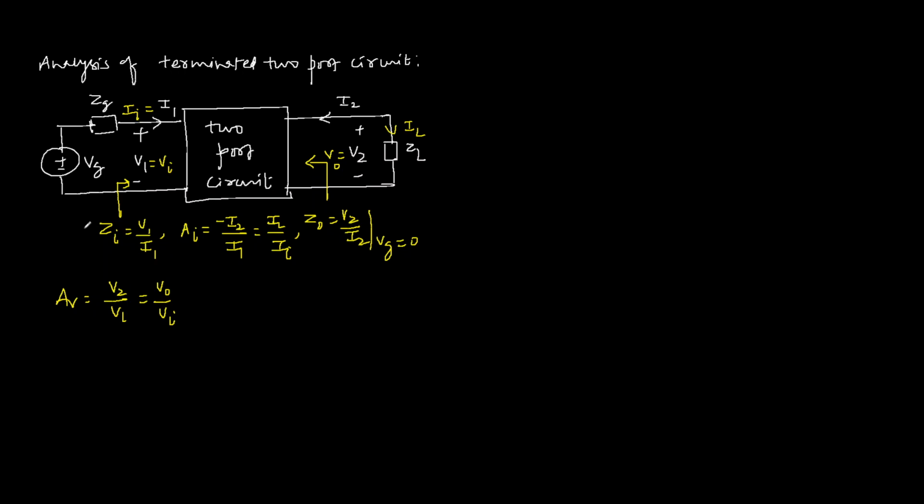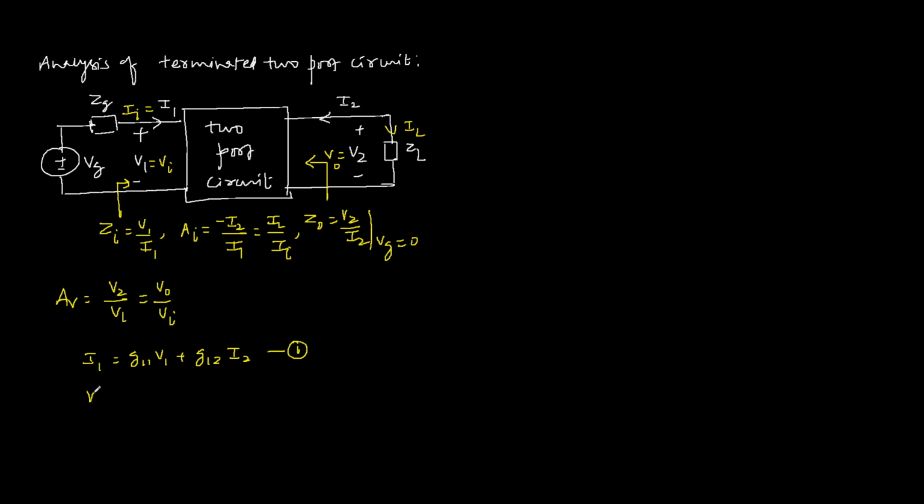Because this V2 is output voltage and this Vi is input voltage. So we will start with this input impedance, but we begin with writing the equations for the two-port circuit in terms of G parameters. So I1 is G11 V1 plus G12 I2. This is equation 1.